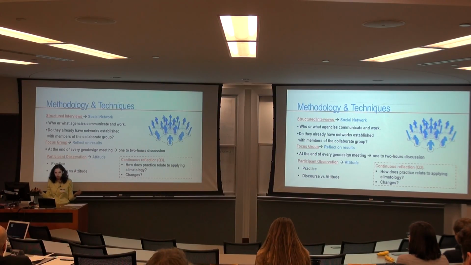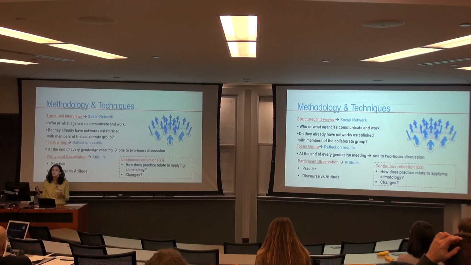So we're getting together and meeting 5 times during my project. The focus groups are 1 to 2 hour discussions after these geodesign meetings where we're collectively working on GIS and trying to map out and analyze the information that we've got and trying to figure out, are we missing somebody? Should we call more people to the table to work with us?